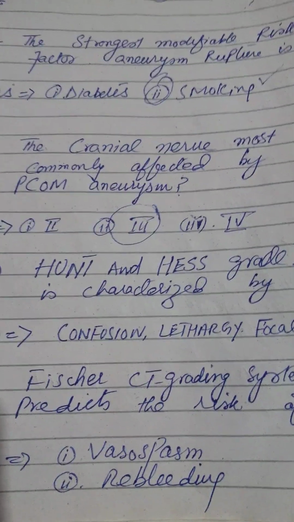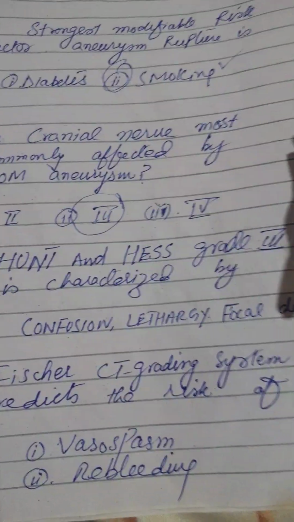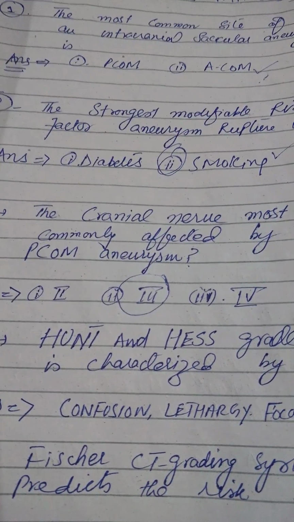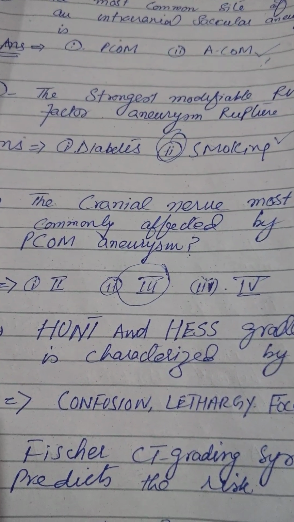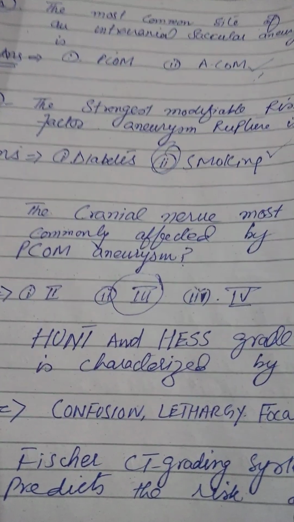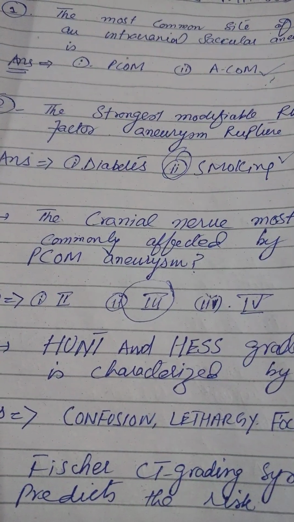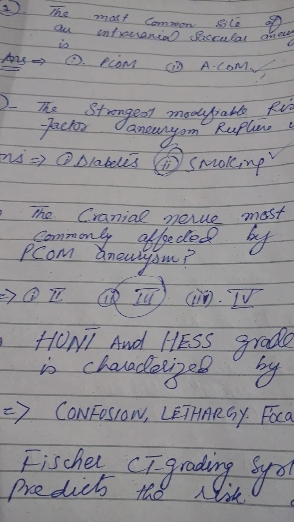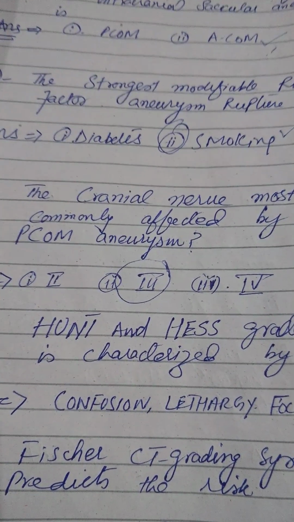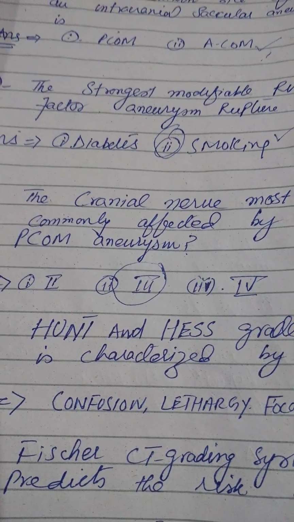Fisher CT grading system predicts the risk of what? Whenever we come across subarachnoid hemorrhage or aneurysm, there are certain things that happen afterwards. One is rebleeding, that is most common. Others are vasospasm, hydrocephalus, and neurological deficits.